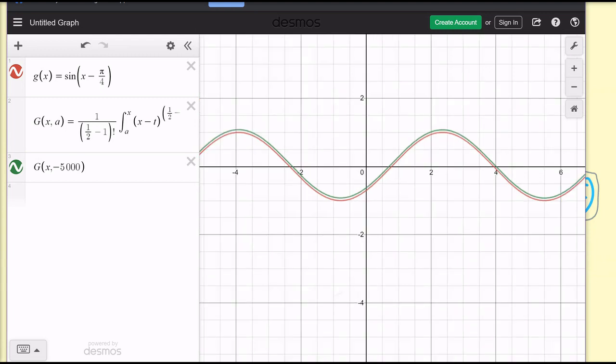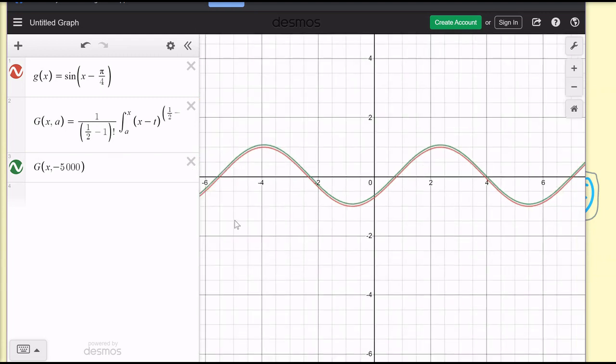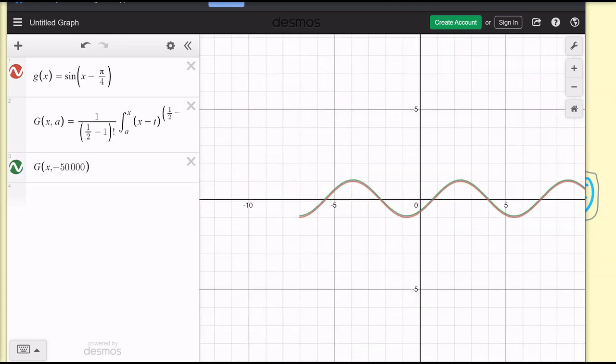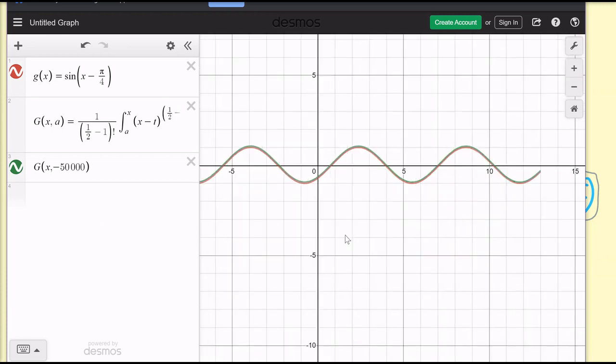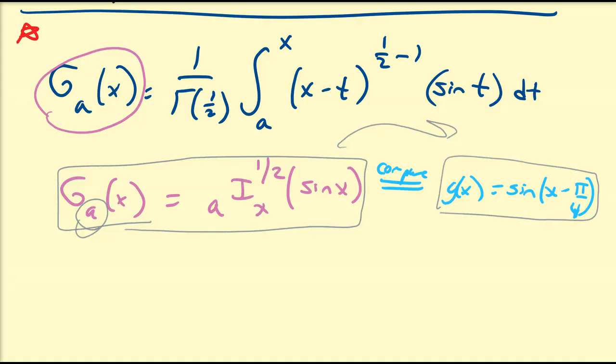But of course, not small is small enough because this error perturbs throughout the entire wave, right? But one can show that as you make this closer and closer to negative infinity, these curves will actually collapse in terms of the error across the entire interval, which is pretty nice.